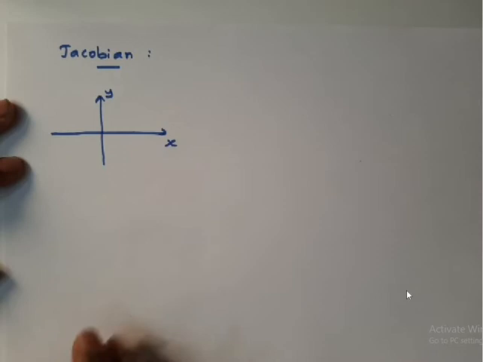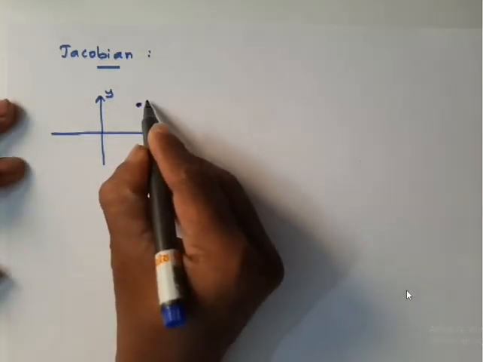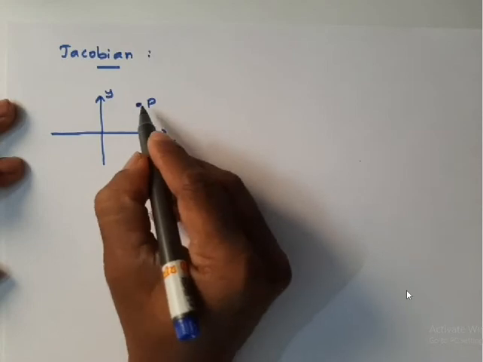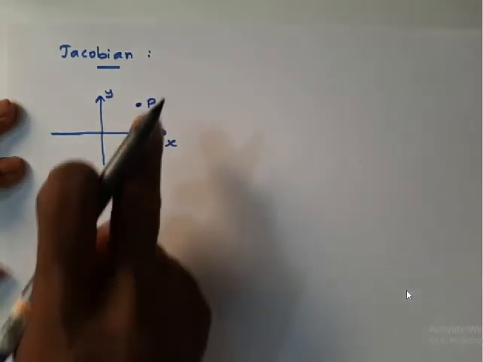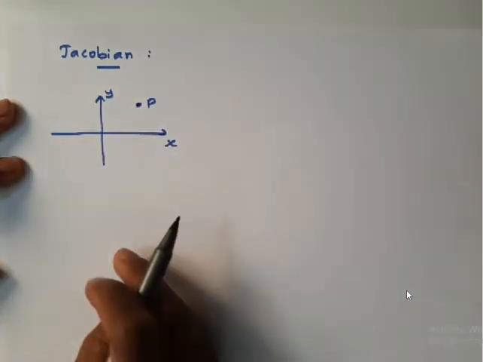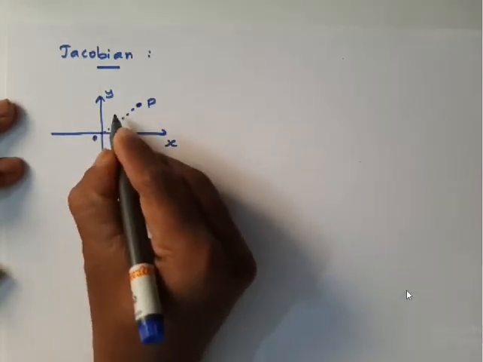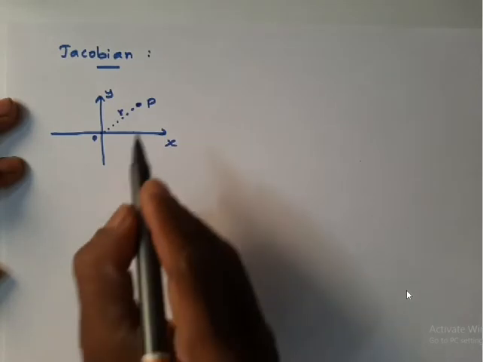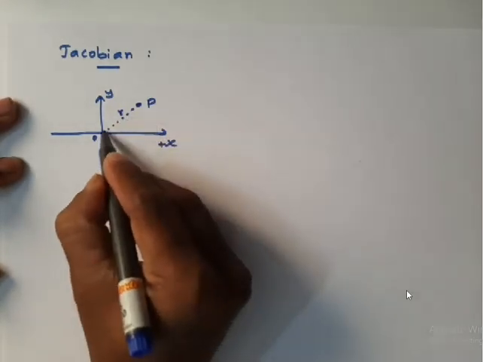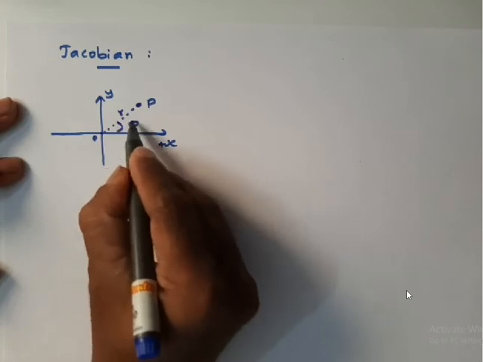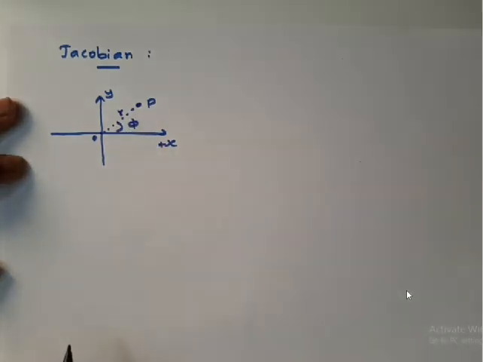Suppose we have a point P here, some point. How do we represent this point in spherical polar coordinate? This is the origin. The distance between the point and the origin is r, and the angle between the line joining the point to the origin and the plus x-axis is phi.